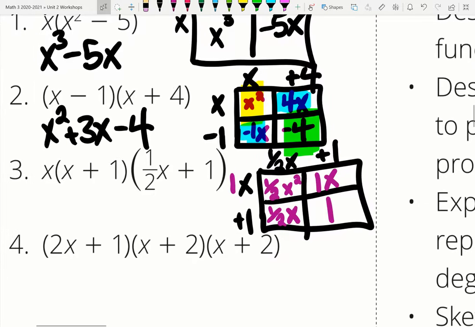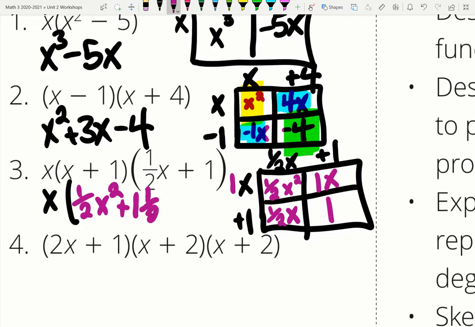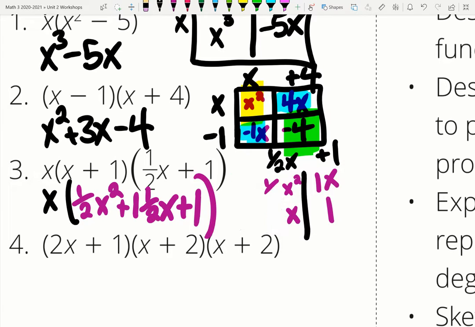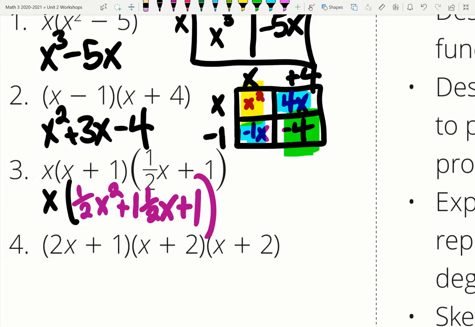So when I write out my answer, it's going to be x times 1/2 x squared. 1 and 1/2 make 1 and 1/2 x plus 1. Now the final thing I would need to do here is to distribute my x. So I'm going to go ahead and just add an x term to each of my terms.